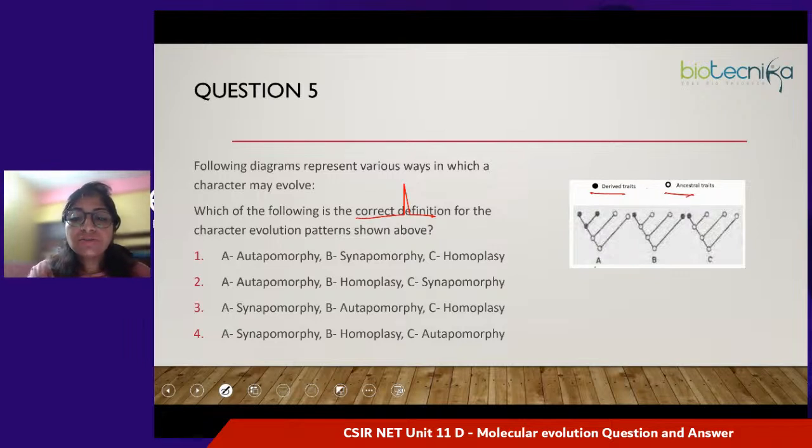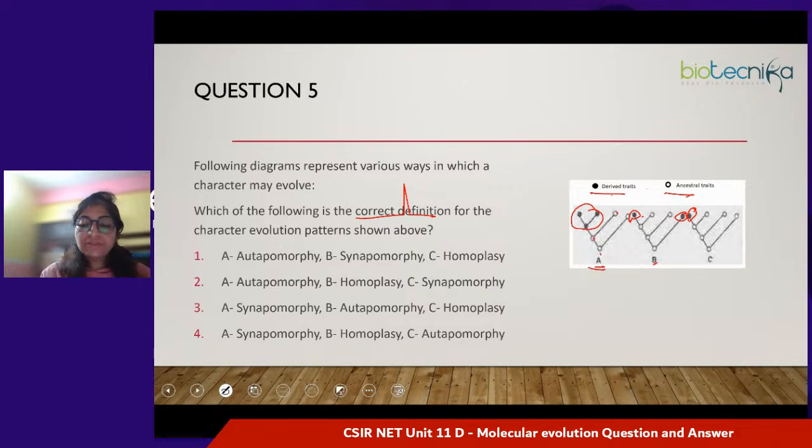In A, these are all ancestral traits, and this group is sharing the derived traits. In the second, all whites are ancestral traits, but these two species, which do not have any most recent common ancestor, have a similar character. What is the term we use for it? And the third one shows only one derived character, and everyone else has the ancestral character.